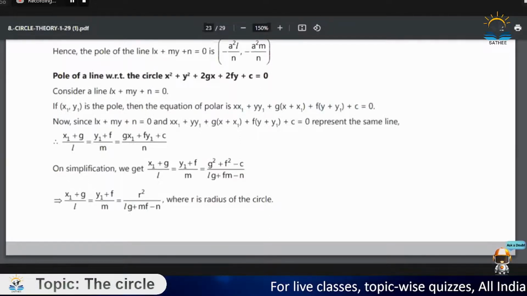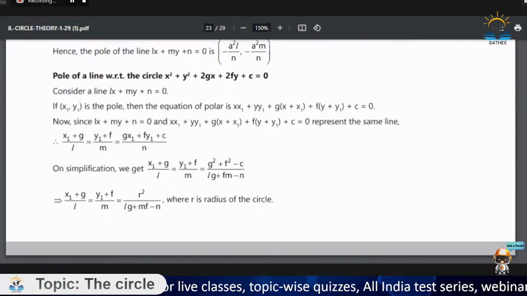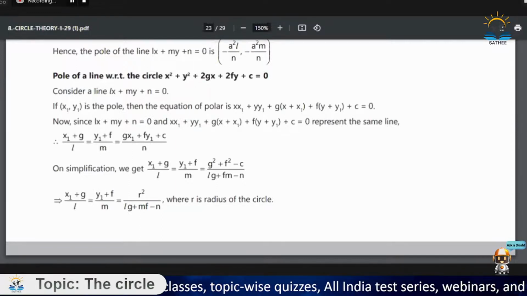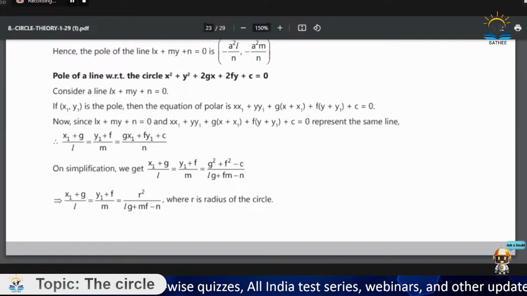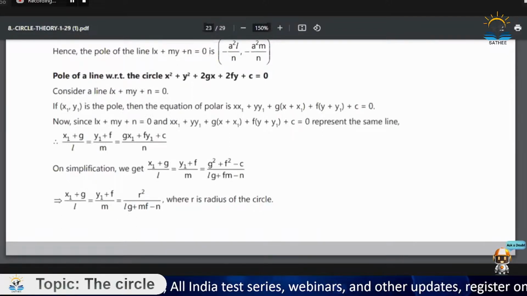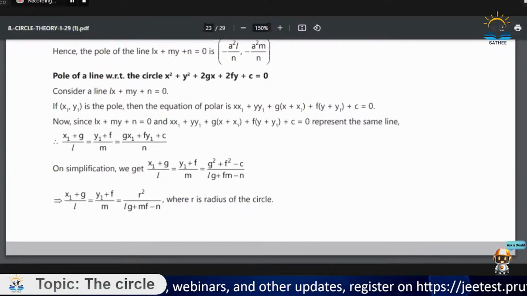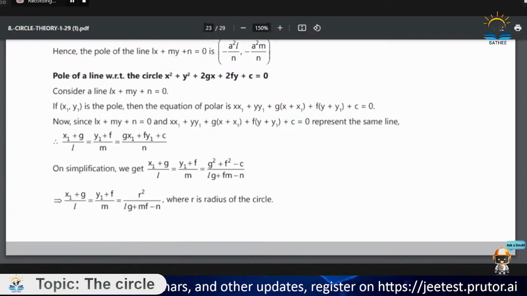So we have written this equation x x1 plus y y1 plus g times x plus x1 plus f times y plus y1 plus c is equal to 0. And we will compare the coefficients of these two equations. So on simplification we will get x1 and y1, so we can find what is the pole of the circle.